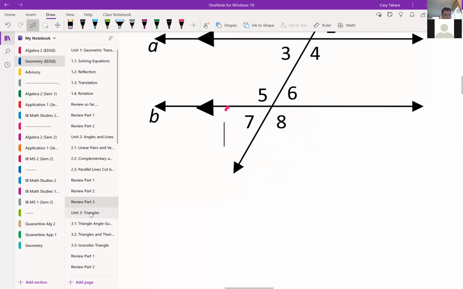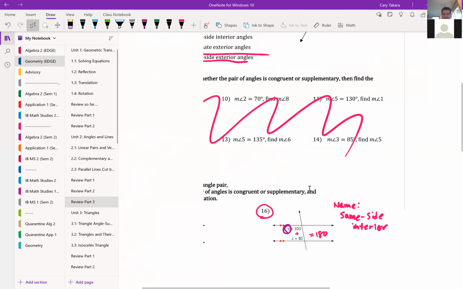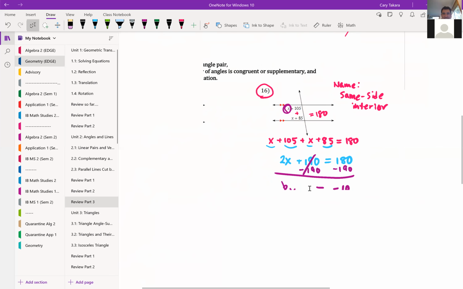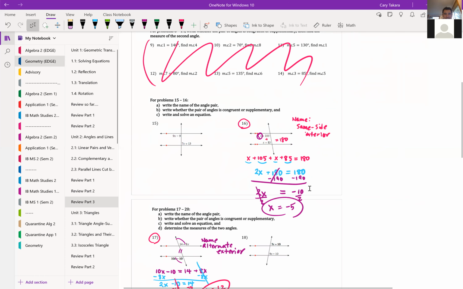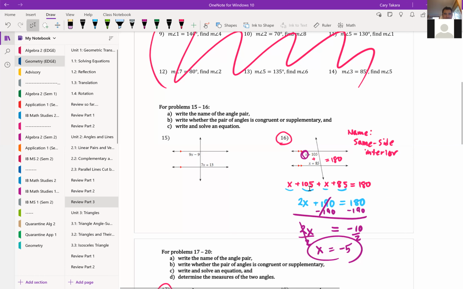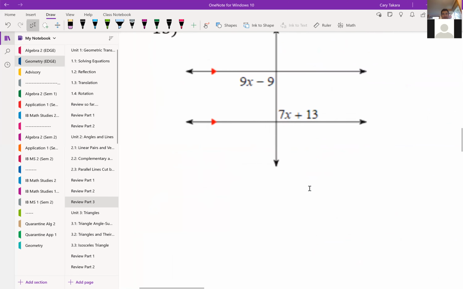Let's just do one or two problems. I think there are some questions that we didn't do last time. Okay, let's try this one, number 15. Again, this is not the assignment. So again, let's do two things. Let's name it, and then let's set up an equation and solve it.